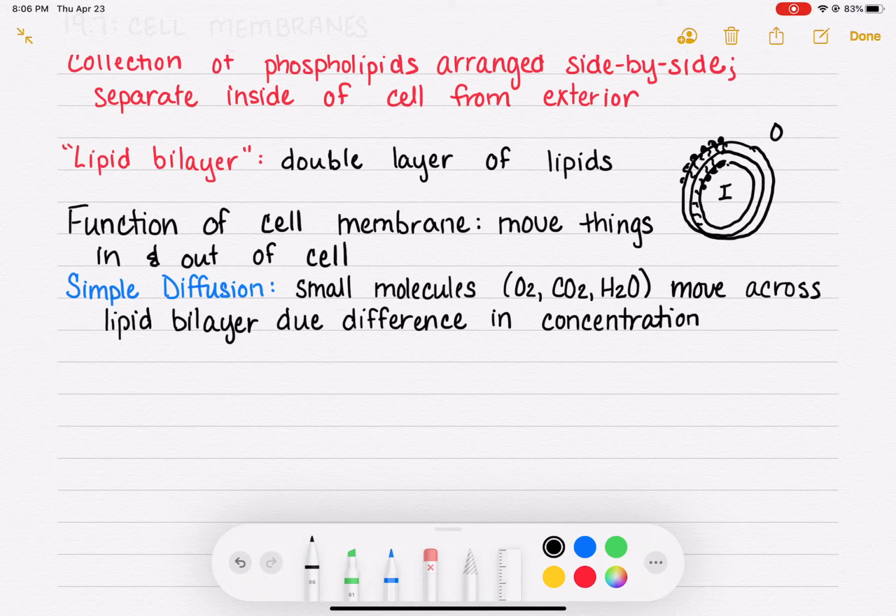So we have this difference in concentration, and this difference in concentration pushes the oxygen molecule across the cell membrane. In simple diffusion, our small molecules move from the high concentration area to the low concentration.